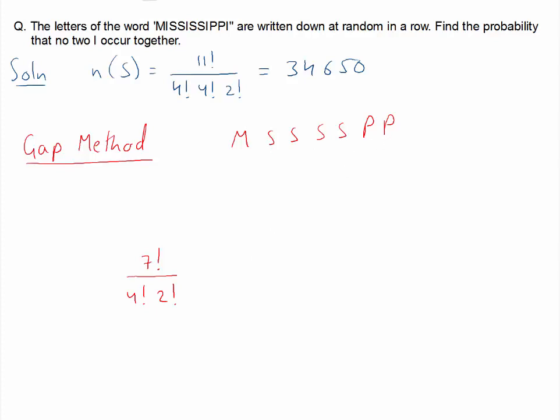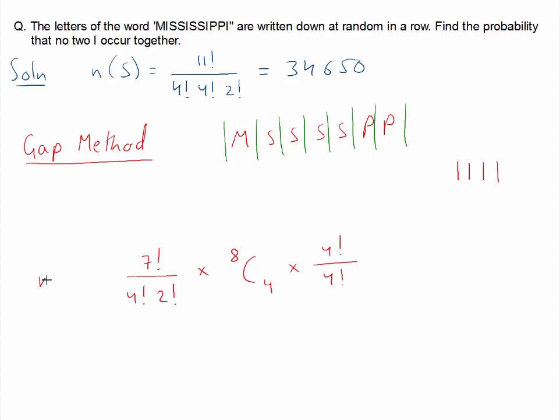Now next we count the number of gaps. So in total we have 8 gaps. Now we need to place the 4 I's in any of the 4 gaps. So out of 8 gaps we would select 4 gaps and we would arrange them in the 4 gaps. So that would be 4 factorial, and since all 4 are identical, divide by 4 factorial.